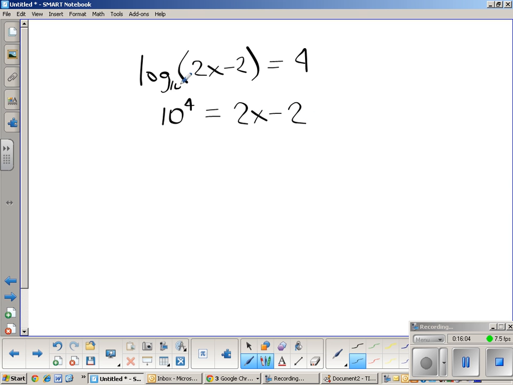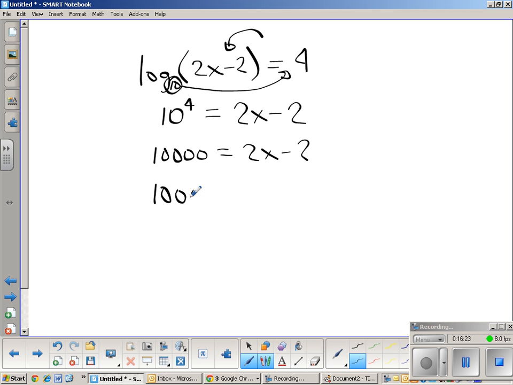Remember the 10 came from here, so this is the base to this power equals this number. That's how we rewrite it in exponential form. And so this is 10,000 equals 2x minus 2. So if I add 2 to both sides, 10,002 equals 2x, divided by 2, we get x is equal to 5,001.